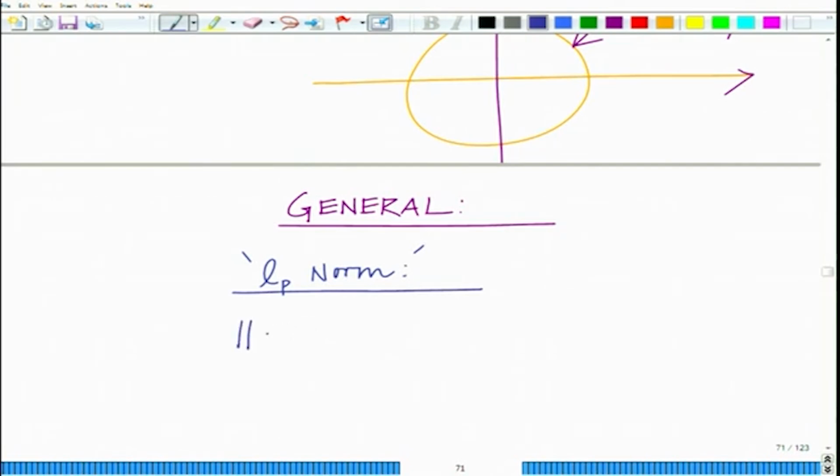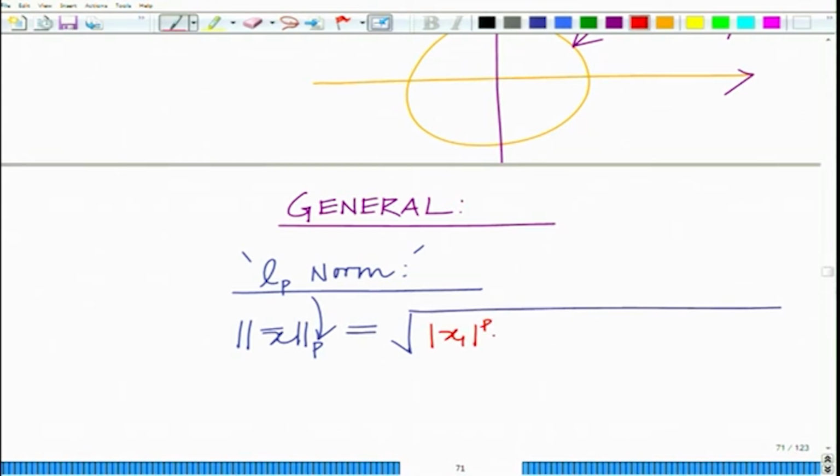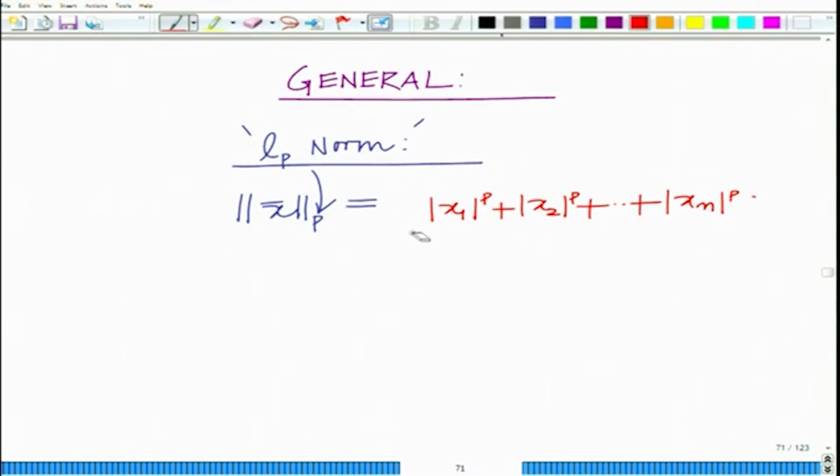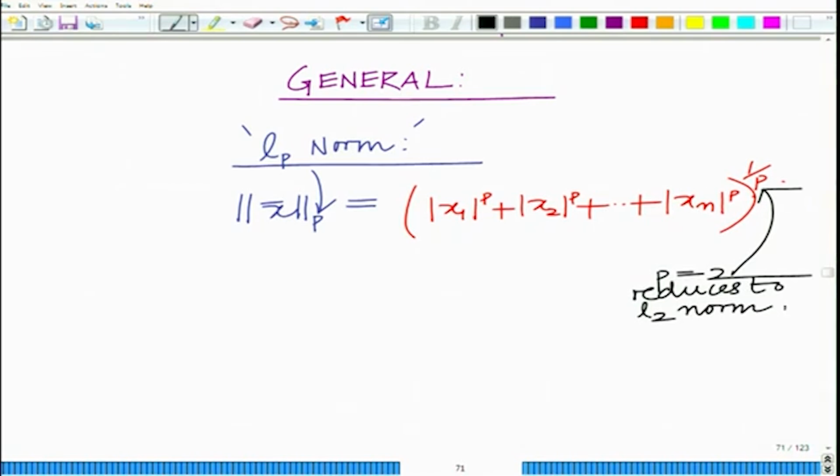If you take a vector x bar, the LP norm indicated by this P here is basically given as magnitude x1 to the power of P plus magnitude x2 to the power of P plus magnitude xn to the power of P, whole raised to the power 1 over P. Now, you can see if you set P equal to 2, it reduces to the L2 norm.